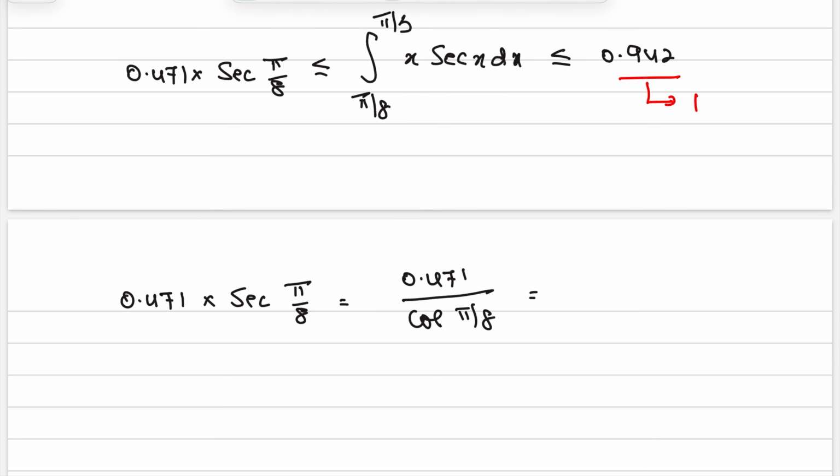Cos pi by 4 is... pi is 180 degrees, pi by 8 is 22.5. You know very well from the trigonometry how to find out the values of cos 45, cos 22.5.